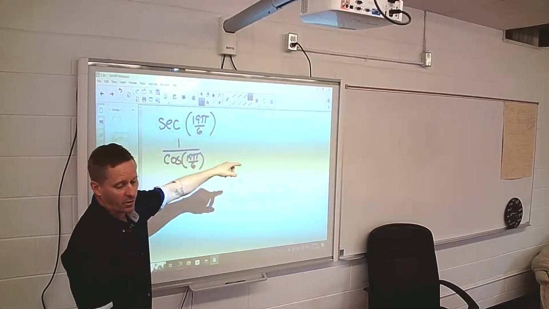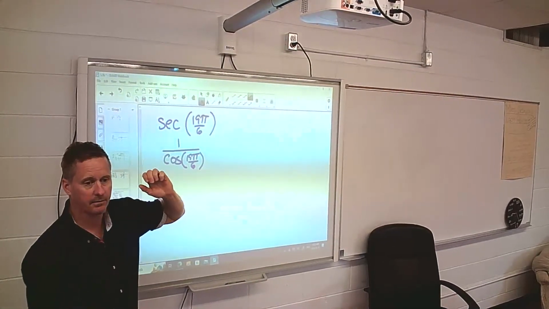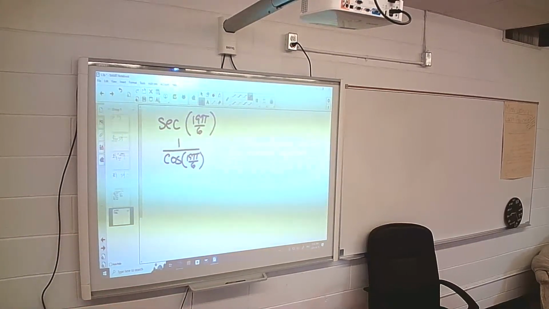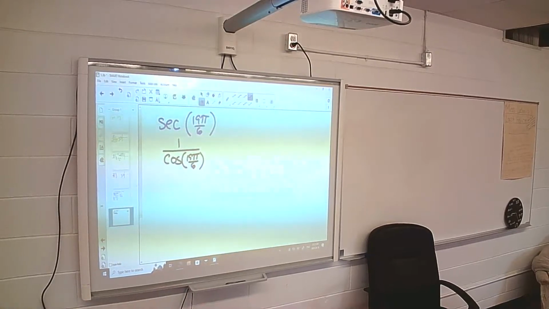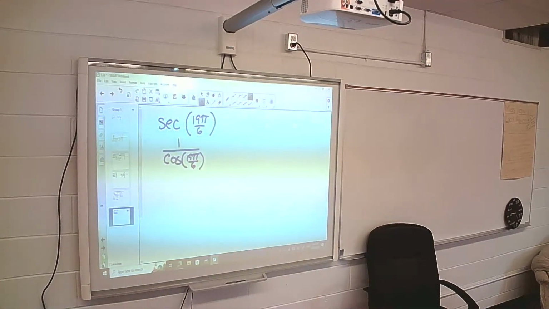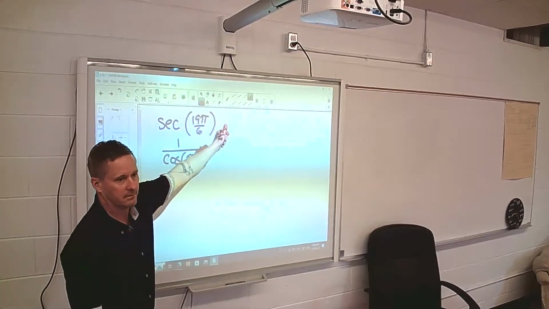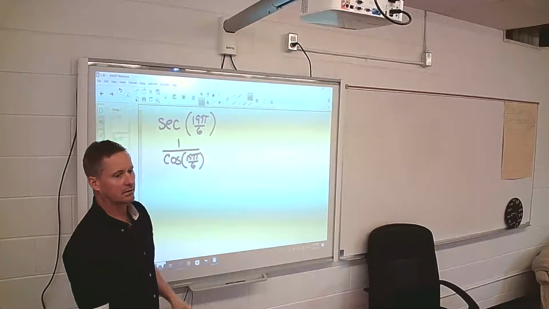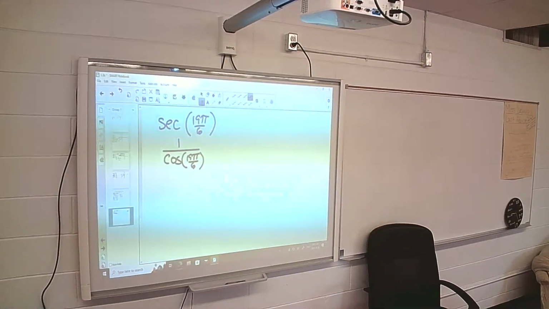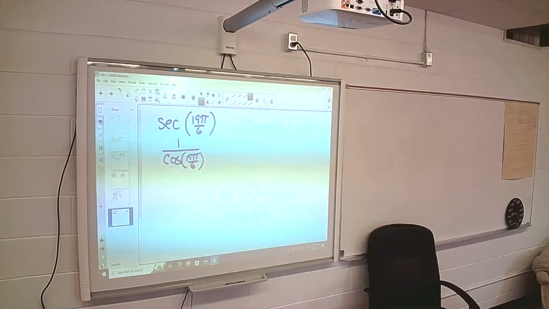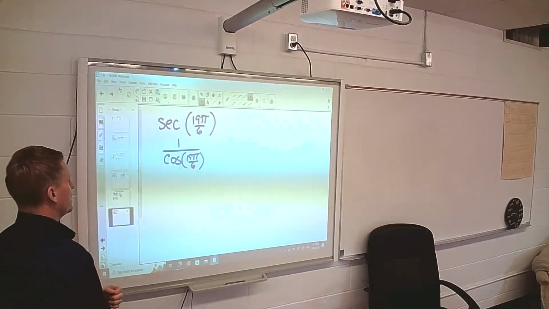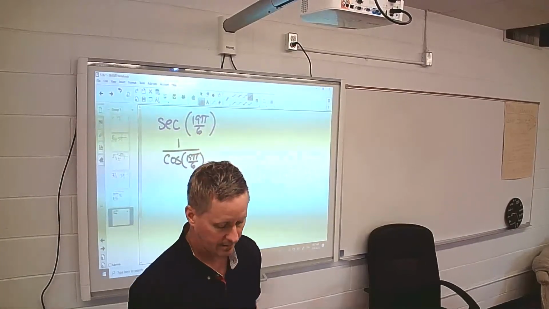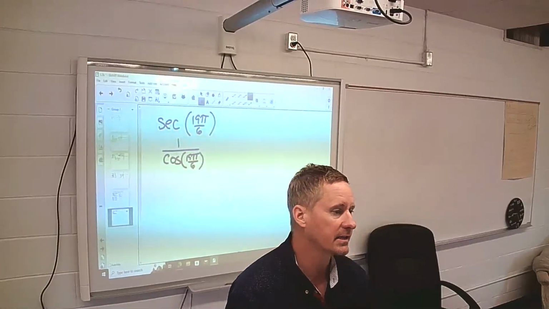To solve it, you find out what cos of 19 pi over 6 is, and you divide it into 1. I do not flip this. The angle does not ever flip. The ratio is a reciprocal because of secant. I wasn't asking for an answer. What I was asking for is the process.